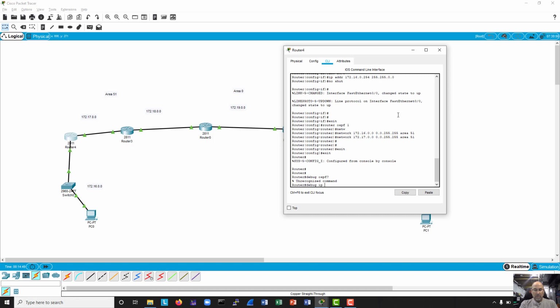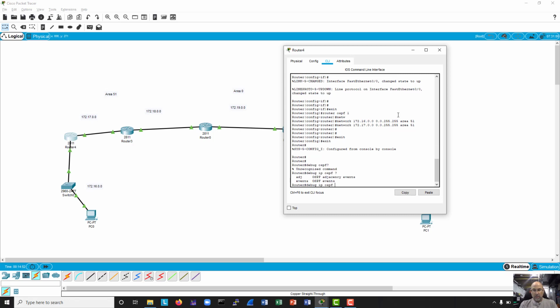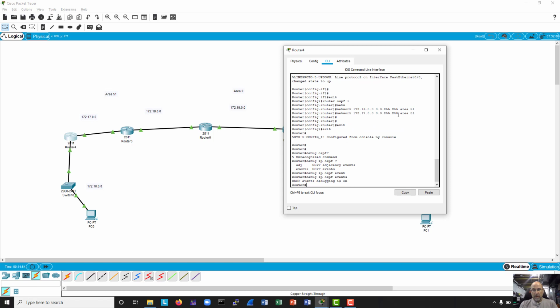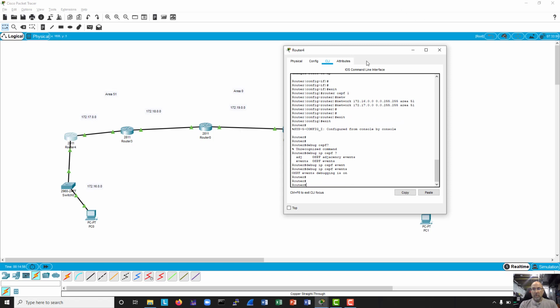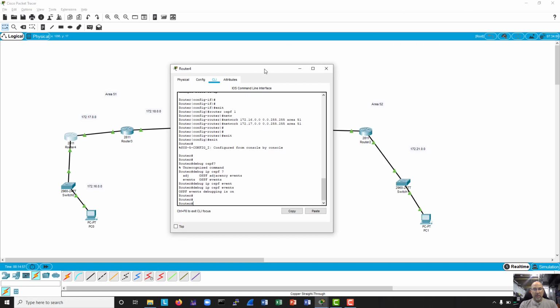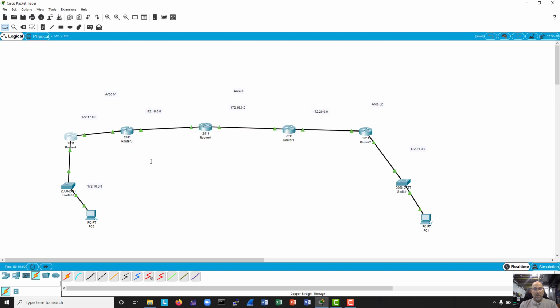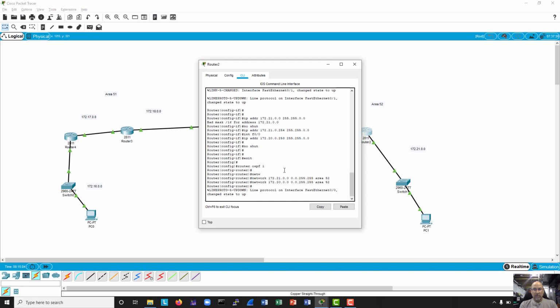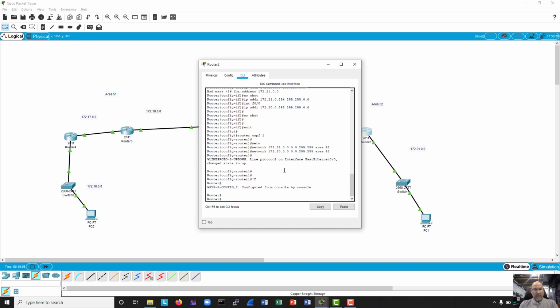Debug IP OSPF, and we'll just do events. There we go. Alright, we'll see. We have to put this off to the side here. I'm going to go back to my routers that theoretically have been talking for a little while, and let's take a look at the routing tables.